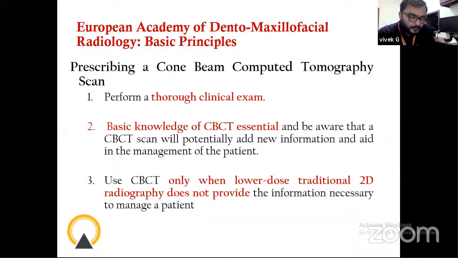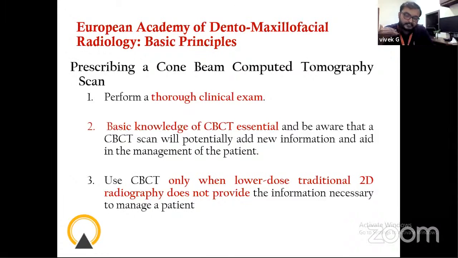Now, whenever we talk about CBCT and radiographs, we have to think about certain guidelines that should be in our heads and used in our practice. The first and foremost thing is that you should go in for a proper clinical exam and a proper clinical history of the patient, and only once you correlate the history and the clinical examination do you go in for your radiographs.